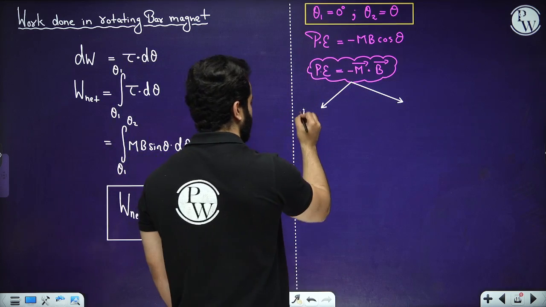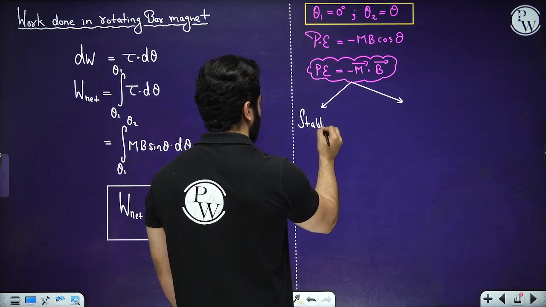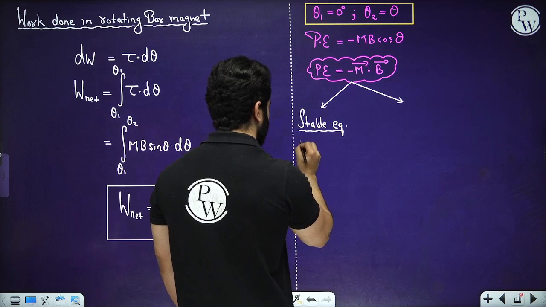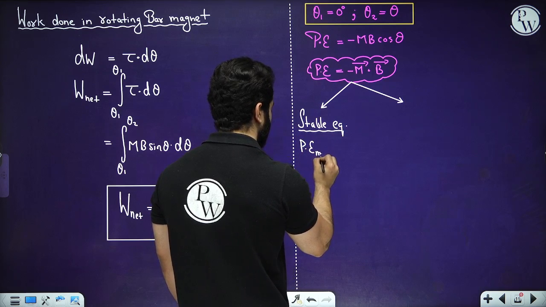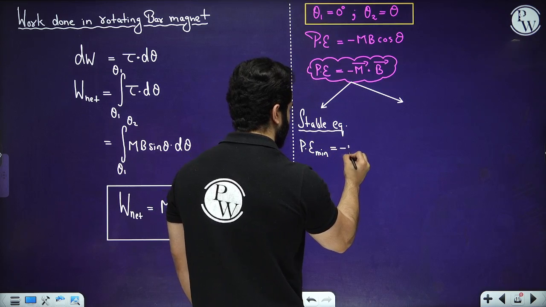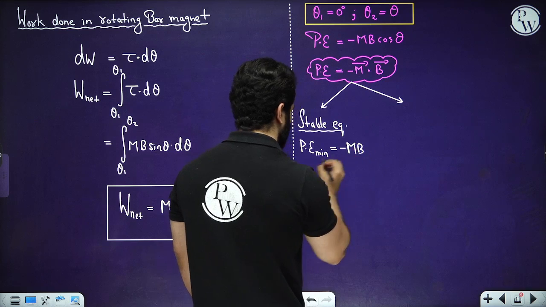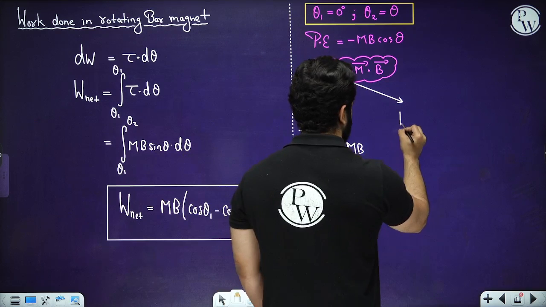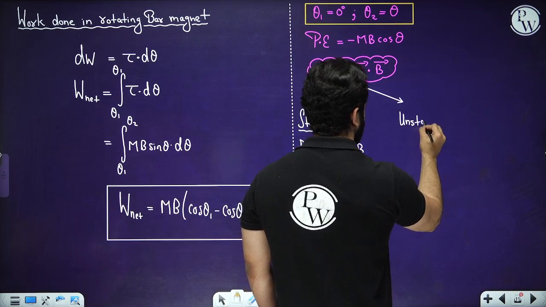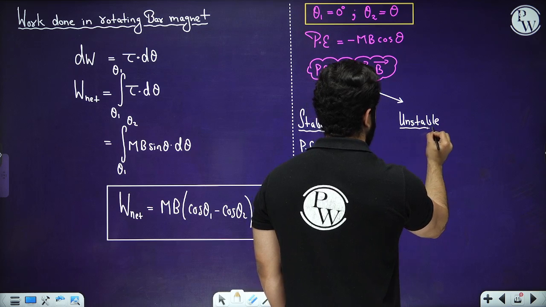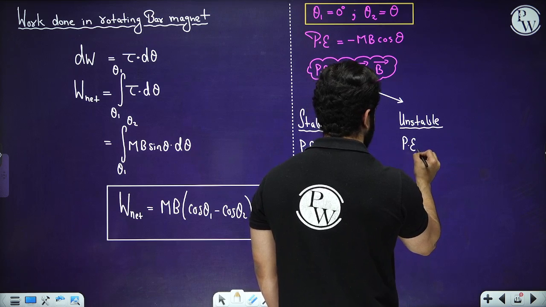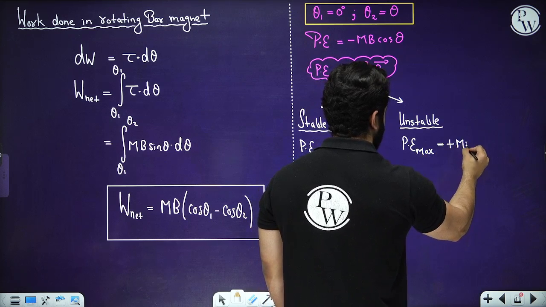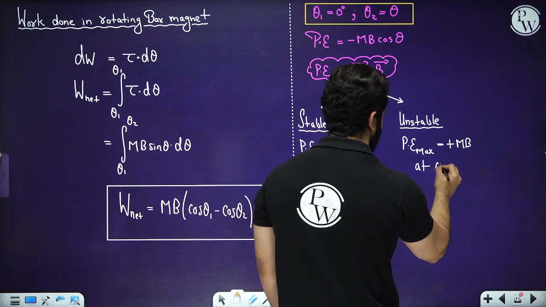For stable equilibrium, potential energy is going to be minimum, and the minimum potential energy is minus mB at theta equals 0 degree. Then we have unstable equilibrium, which is when potential energy is maximum, and maximum would mean plus mB, and this will happen at theta equals 180 degree.